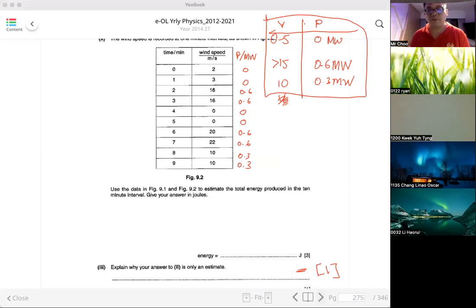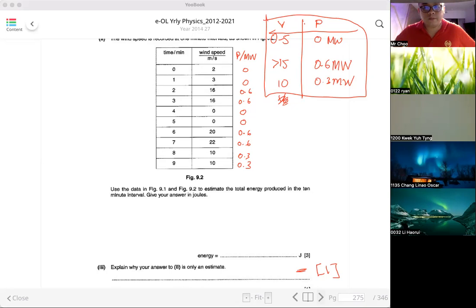Okay, Yiting, well done. Only Oscar and Ryan and Yiting.